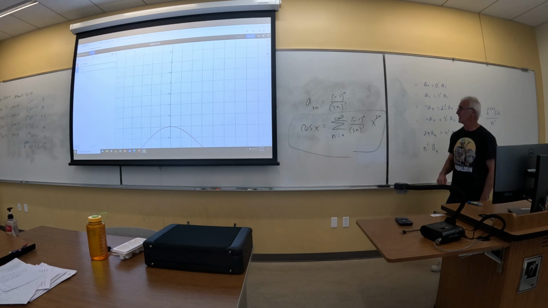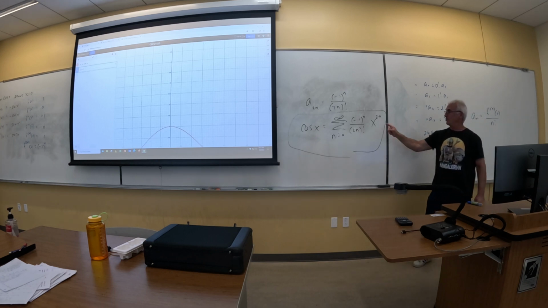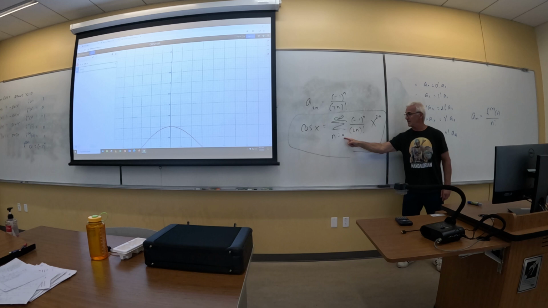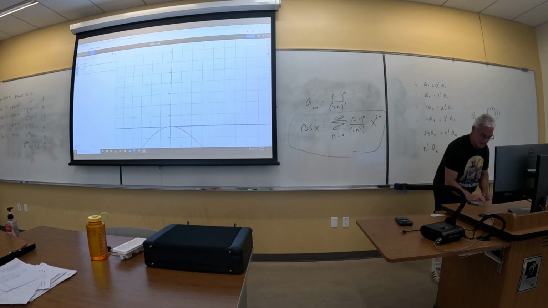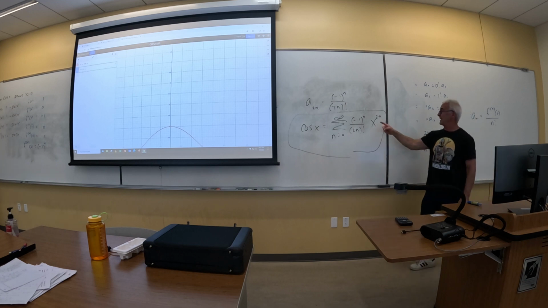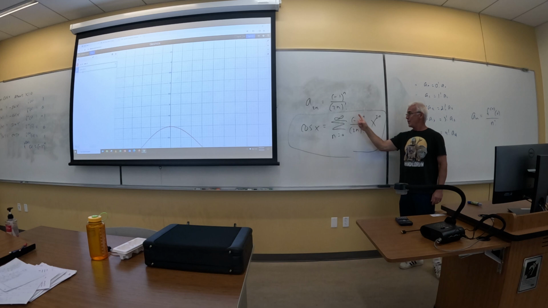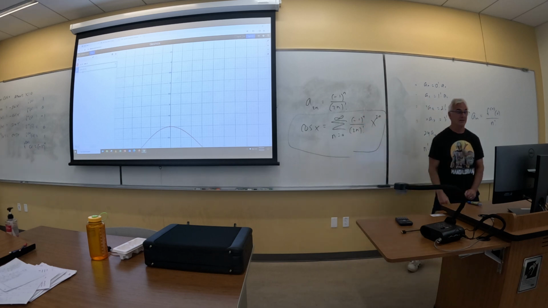All right, so let's expand. What's the first term? You guys can tell me this out loud. When n is 0, it's going to be 1 over 1 times x to the 0, which is what? 1. Then minus, because it's going to alternate in sign. Now when n is 1, it's going to be negative 1 over 2 factorial, x to the what power?